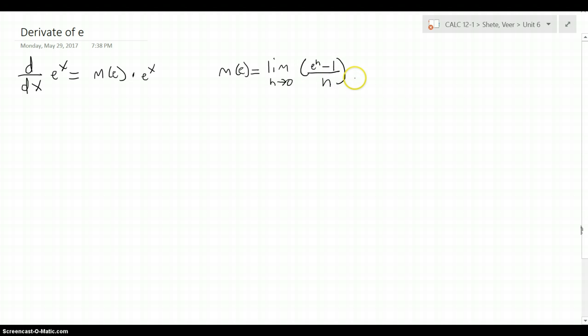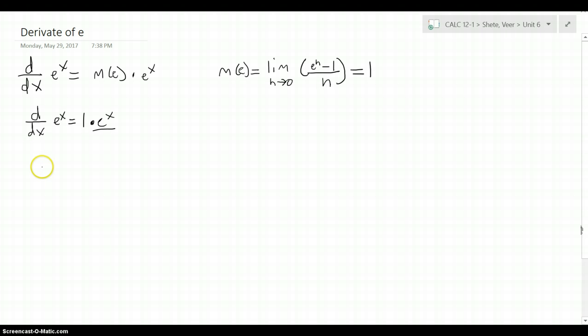And it just so happens that this limit itself is equal to 1. And as such, we can derive the derivative of e to the x as d dx of e to the x will equal 1 times e to the x, meaning that the derivative of e to the x is e to the x itself.